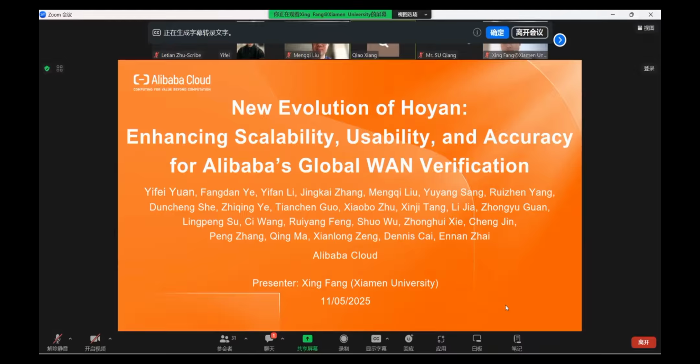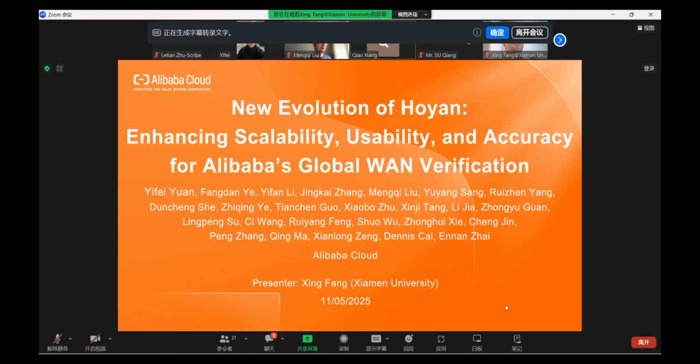But this week we selected an experience paper, as well as a verification paper, which was published in SIGCOMM 25 in Portugal 2 months ago. The title is New Evolution of Hoyan: Enhancing Scalability, Usability, and Accuracy for Alibaba's Global WAN Verification.